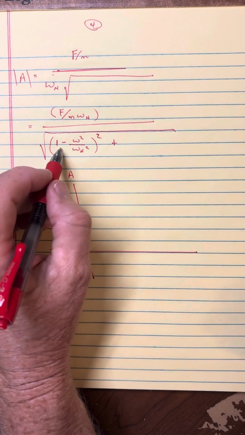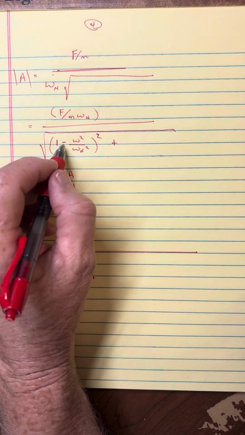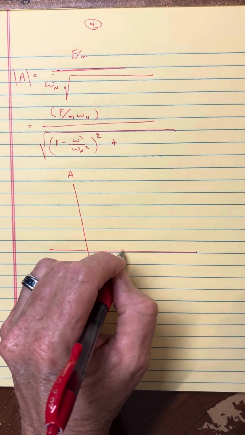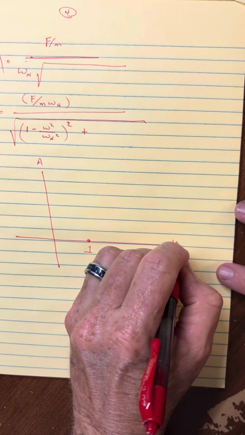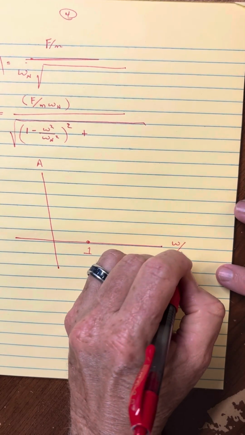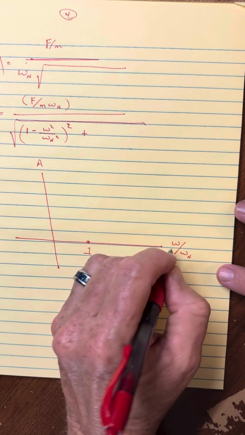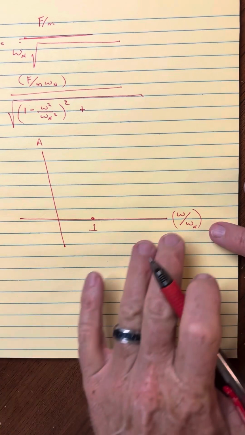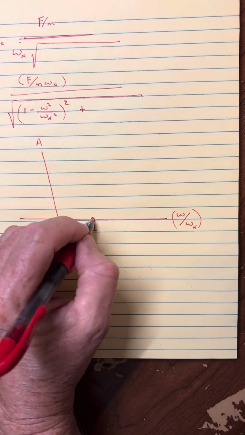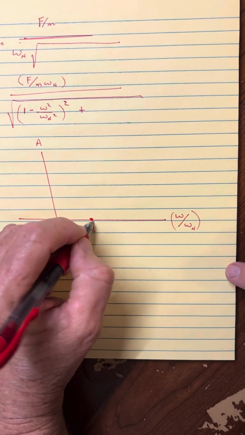And you can see then that it peaks when this is equal to 1. In other words, you could plot this in terms of what is your driving frequency compared to your natural frequency. You might call this the driving frequency in natural units. And so it's centered around this 1.